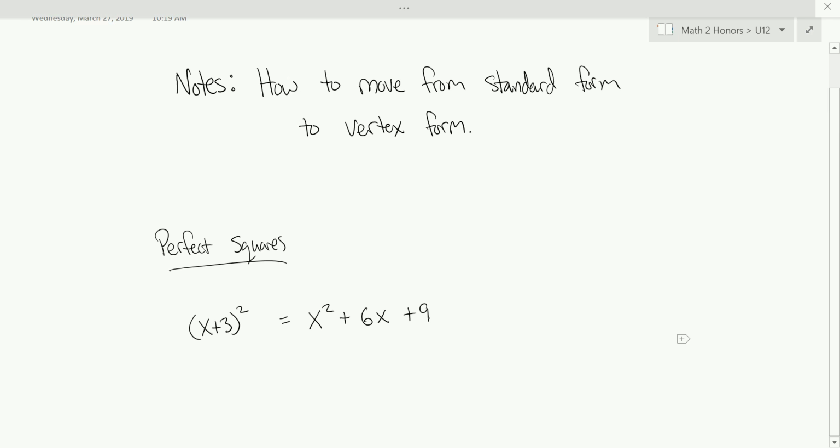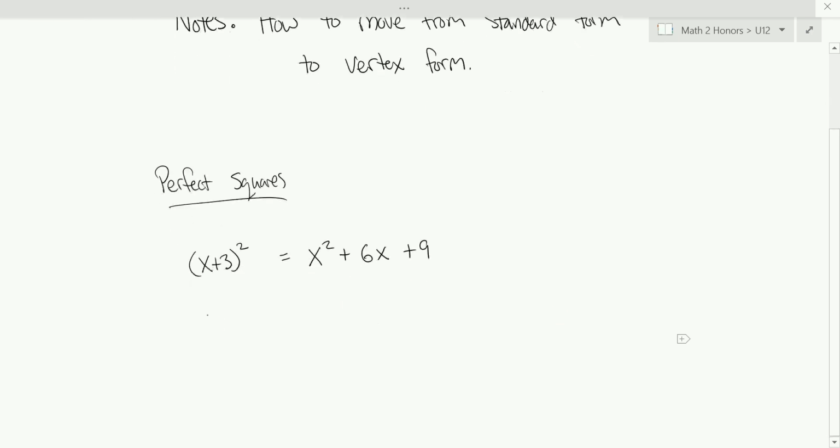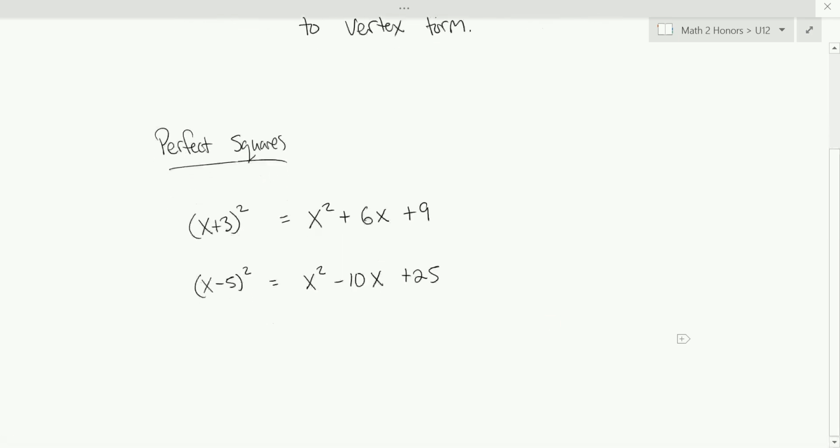And let's do another one. We're just going to look for some patterns here. Let's say x minus 5 squared. You multiplied that out, went through all the work. What would the final answer be? And let's do one more.